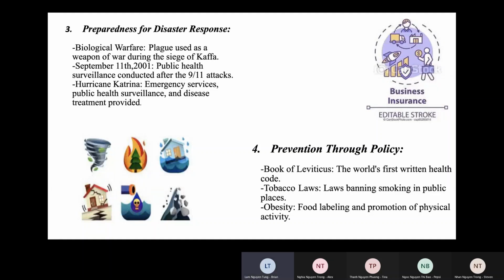For example, in 1500 BCE, Leviticus, one of the first books of the Hebrew Bible, addressed personal and community responsibility, including guidance about bodily cleanliness, sexual health behaviors, and protection against contagious disease, including isolating people with leprosy.